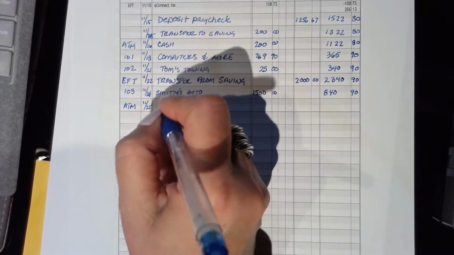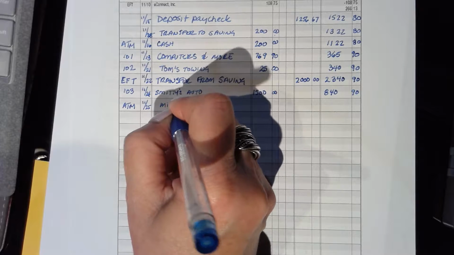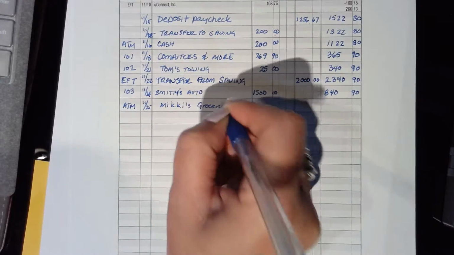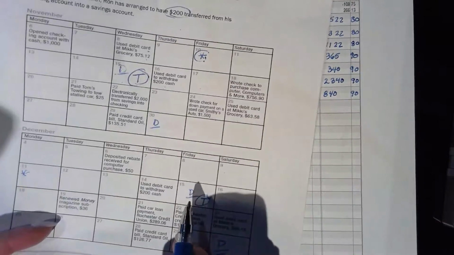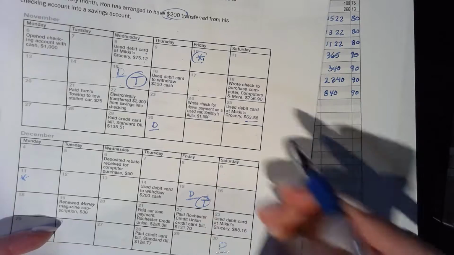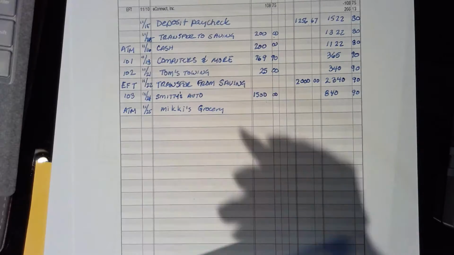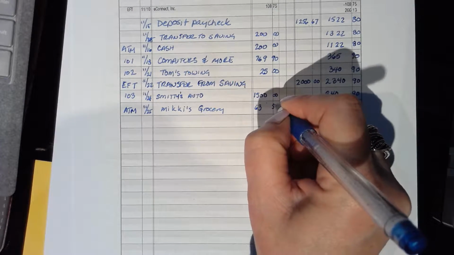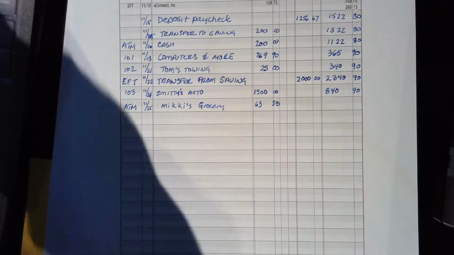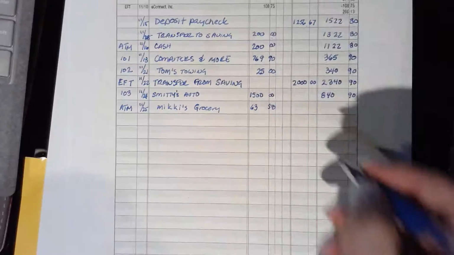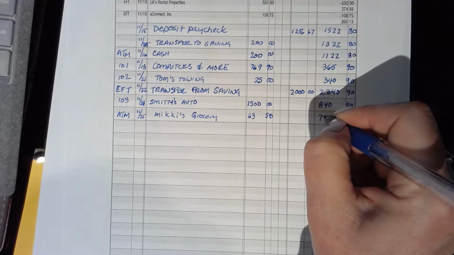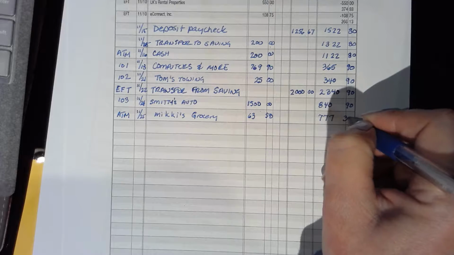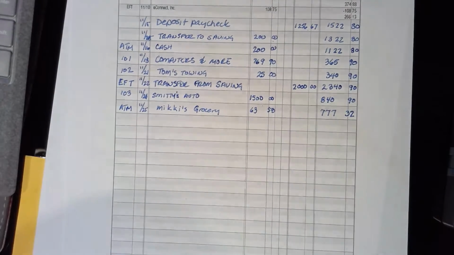He's going back to Mickey's Grocery, and he spent $63.58. And when he subtracts that, he's left with $777.32 in his account.